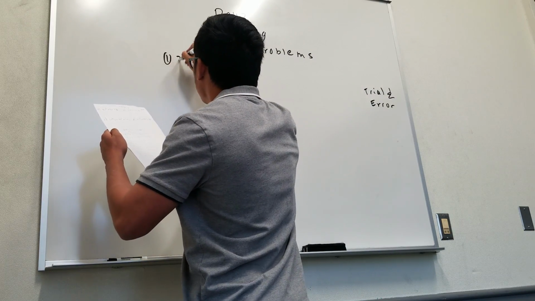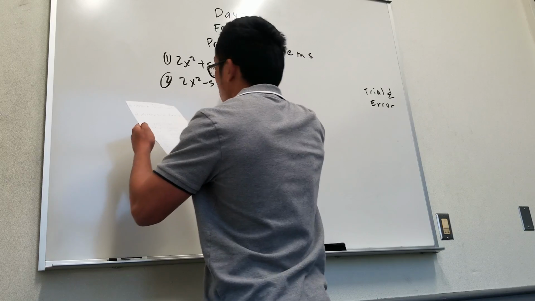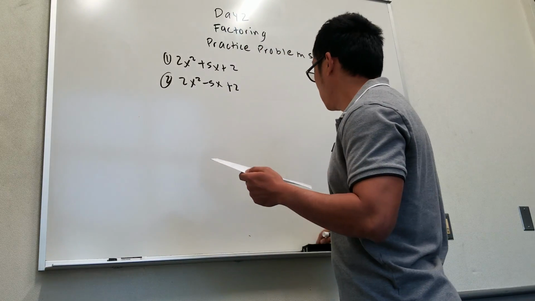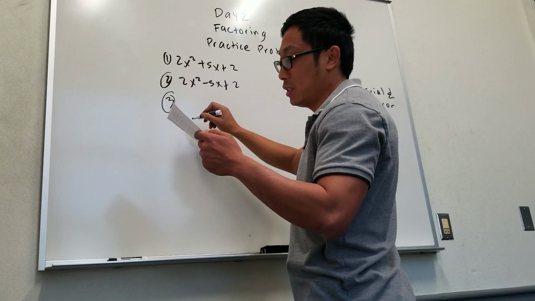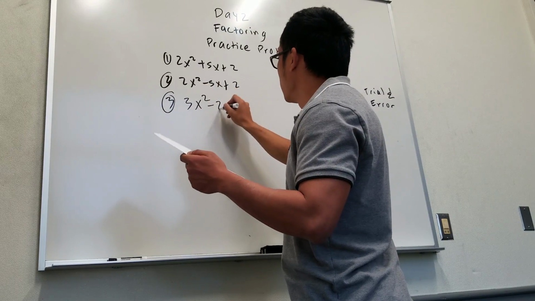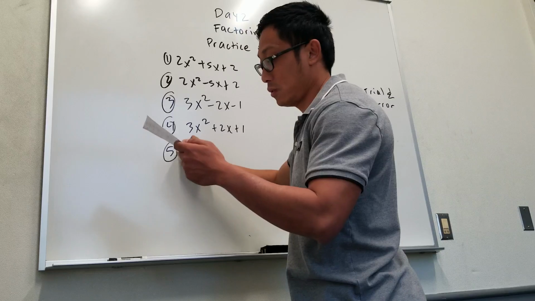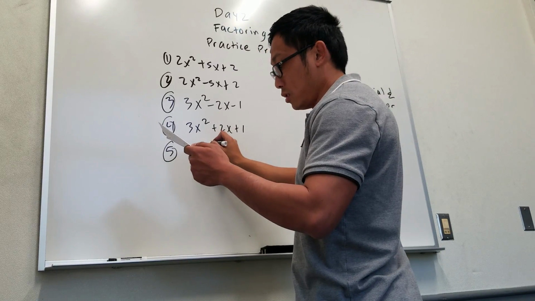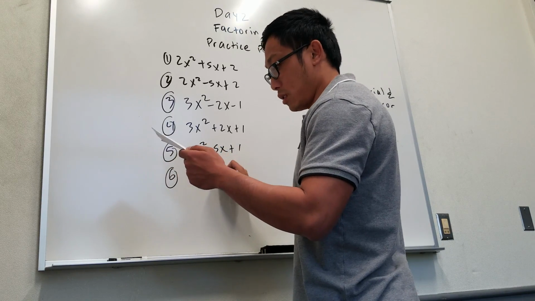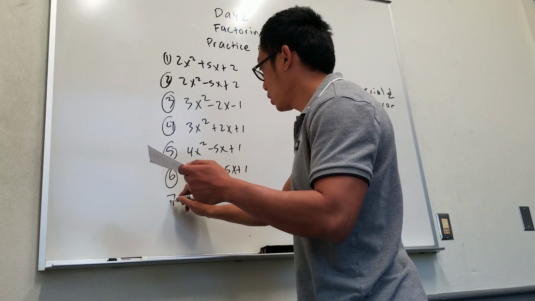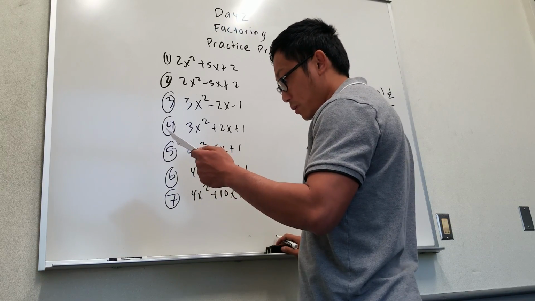So we have 2x squared plus 5x plus 2, 2x squared minus 5x. Hope you guys can read my writing. I don't want to say bad writing, even though I do, because that's just kind of like when you think that way, and then you're gonna have bad writing. 3x squared plus 2x plus 1, 5, I get 4x squared minus 5x plus 1, 6, 4x squared minus 5x plus 1, 7, 4x squared plus 10x plus, no way it can't be plus 4.